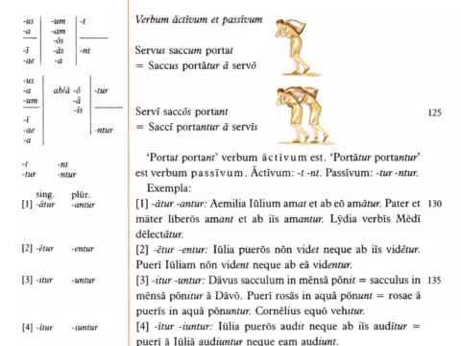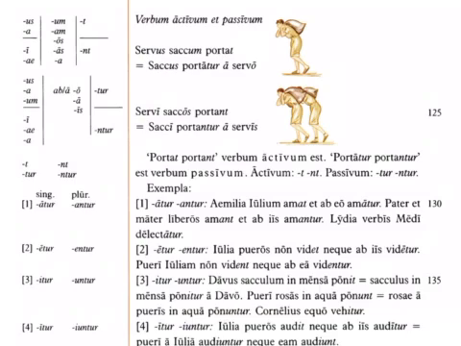So they have a couple examples here. Servus sacum portat, the slave carries the sack, that's active, the slave is doing it. Sacus portatur a servo, the sack is carried by the slave, so the action happens to the sack, right? The sack is carried, and then you want to say a servo.